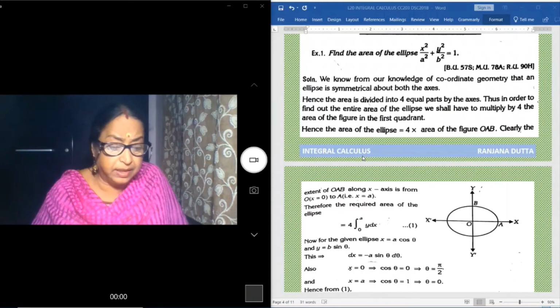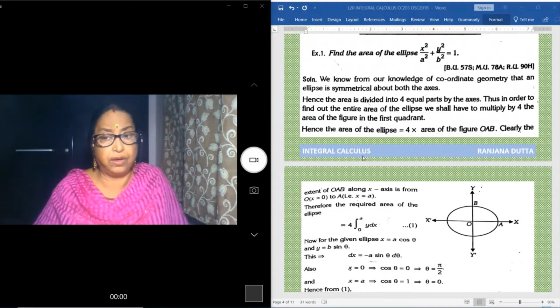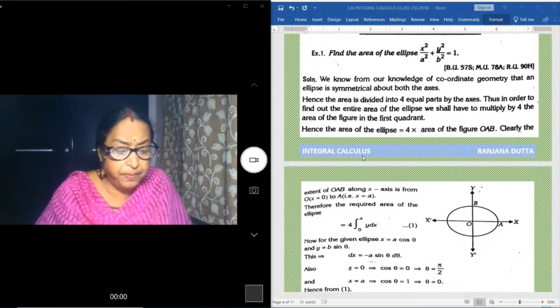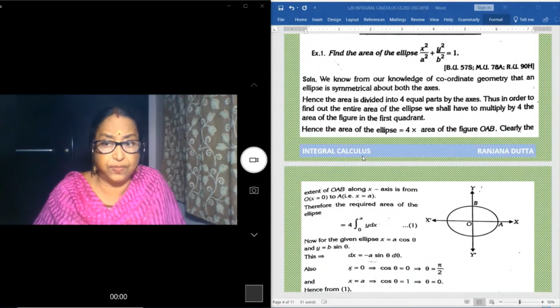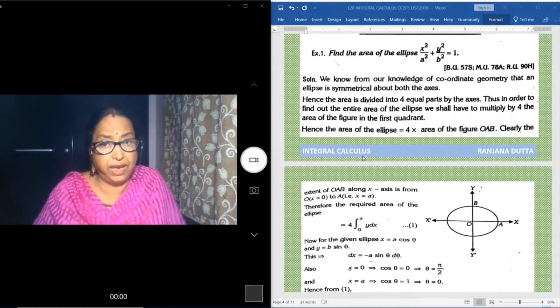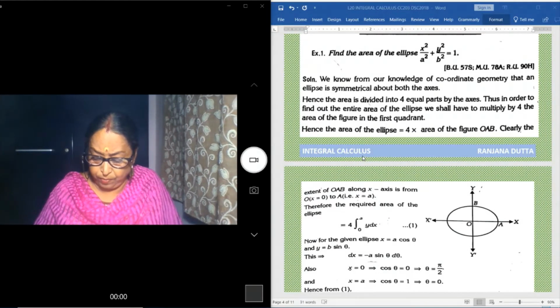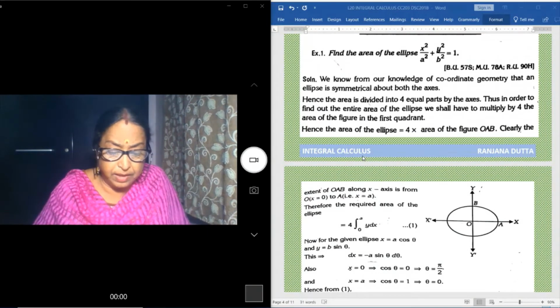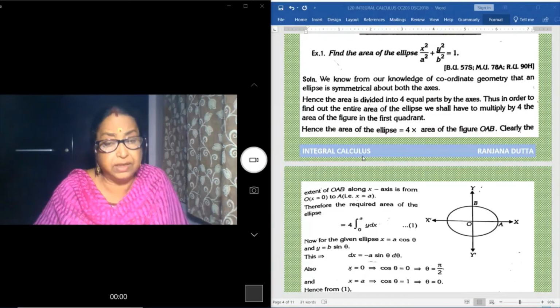After tracing the graph, you can see an ellipse on your screen. So here x varies from 0 to a, and you can write the value of y from the equation of the curve.